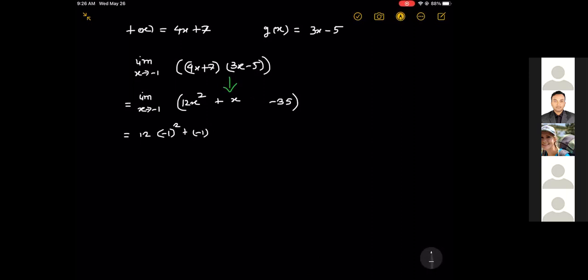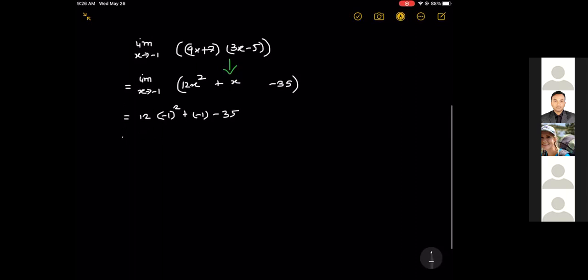Yeah, that's what I did here: minus 20x plus 21x minus 35. And this would give us 12 minus 1 minus 35. So minus 36 plus 12 minus 24. So this is what we get from the left-hand side.